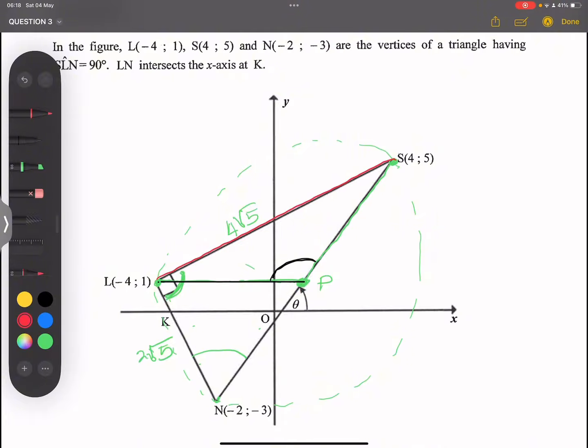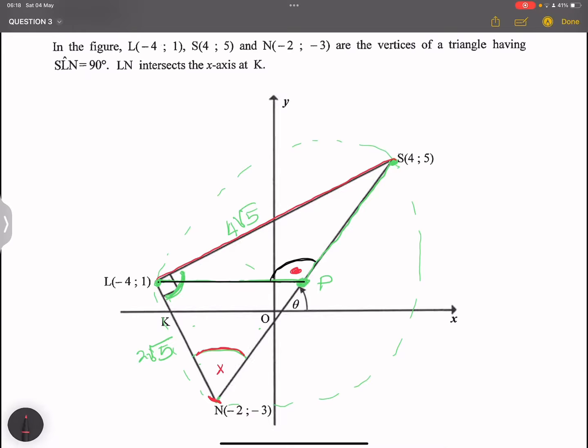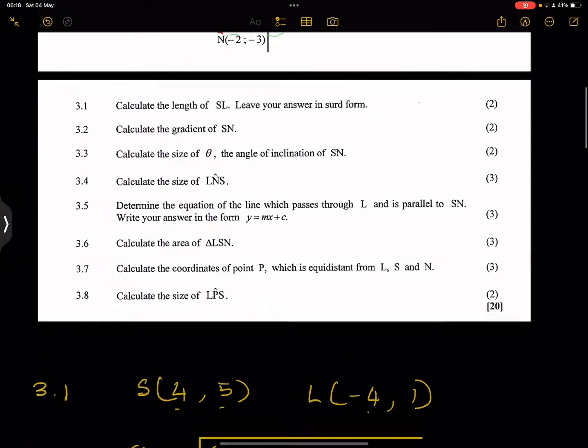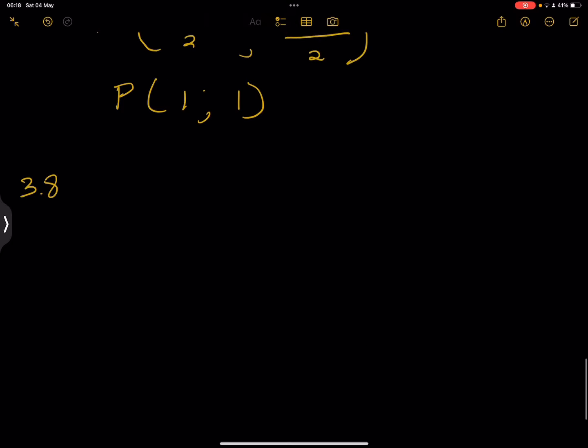So I'm going to use angle at center must be twice angle at circumference. The angle at circumference in this case would be angle LNS. So simply angle LPS would be twice LNS. I think it really helped for us to have it.